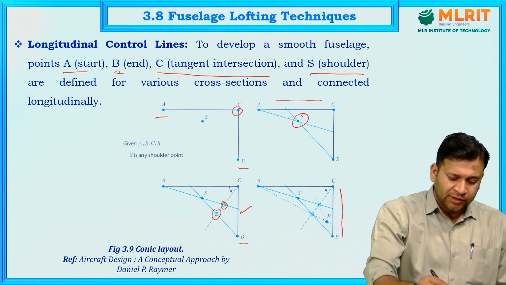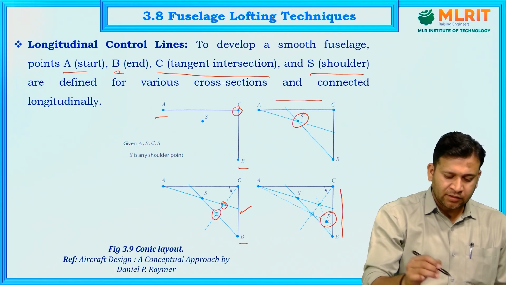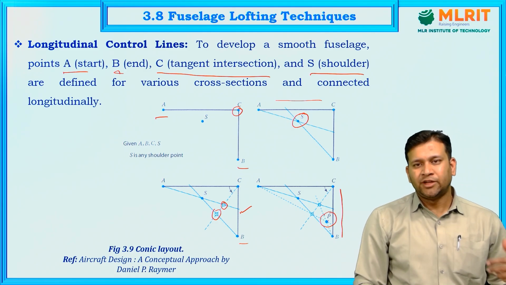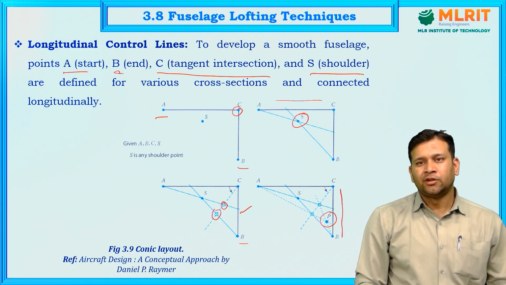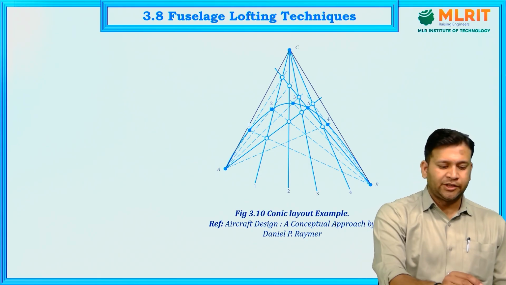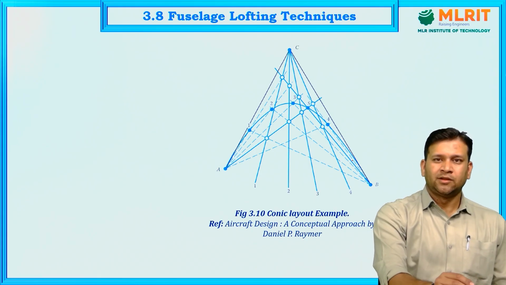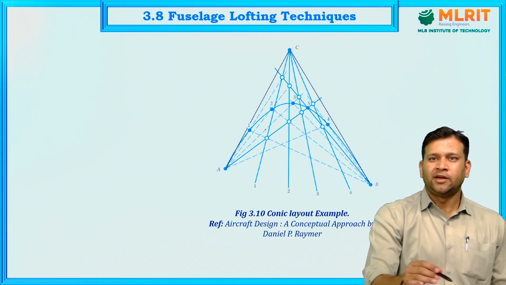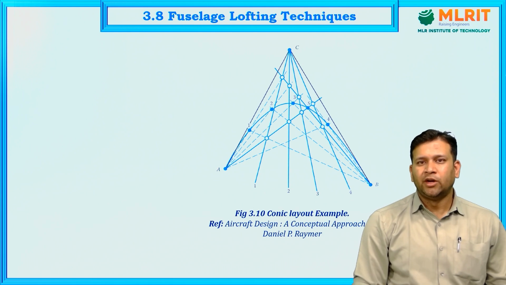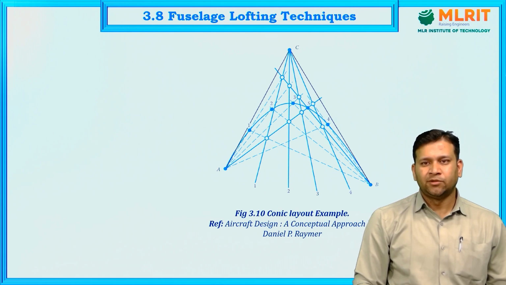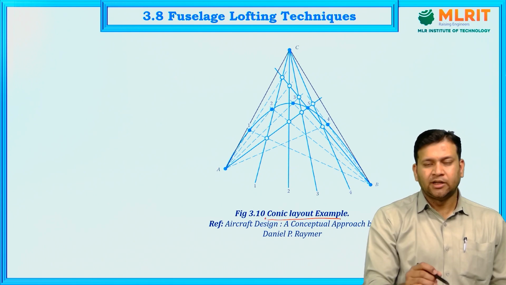So this point is the first point, and the same thing is repeated further so that we get this shape. This is the first iteration, second iteration, third iteration, fourth iteration. So we have multiple iterations to get the shape. This is a conic layout example.